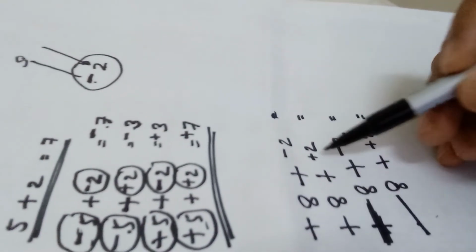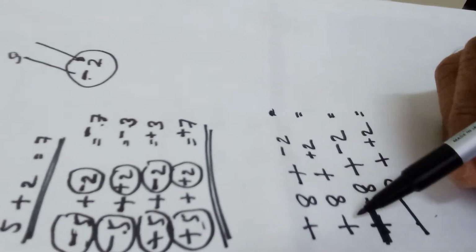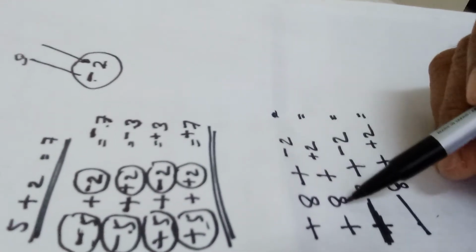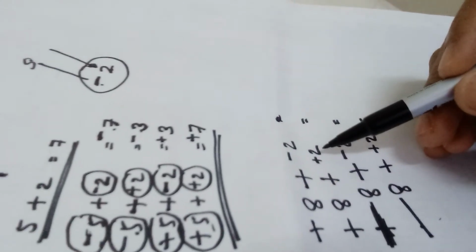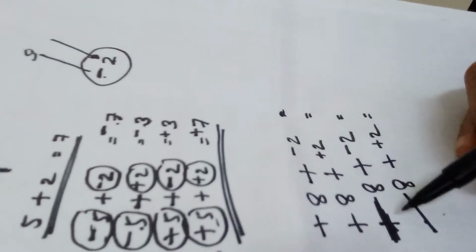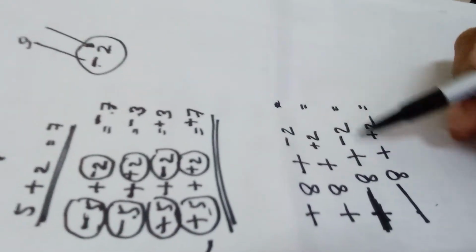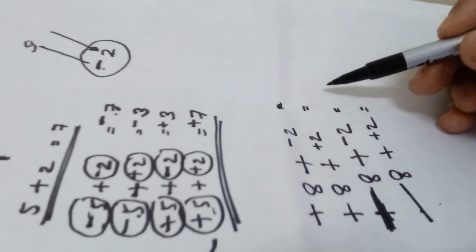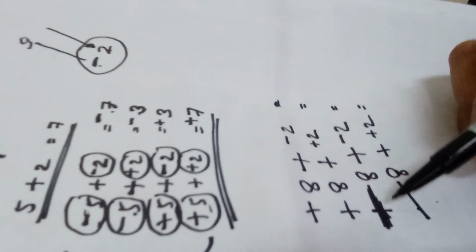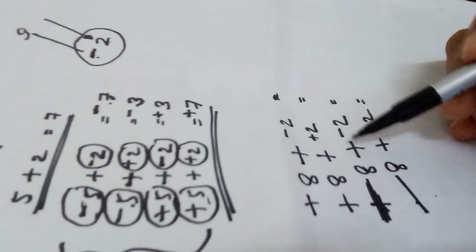Here both are the same sign, so the answer is obtained by adding the two numerical values with the same sign. Then here also both are the same sign, so add the numerical values, get the answer, and put the same sign.